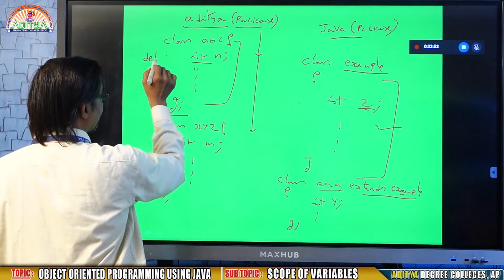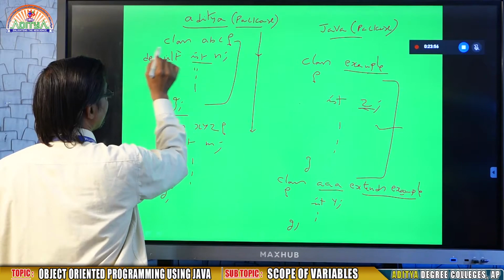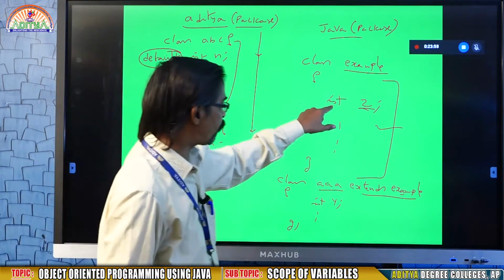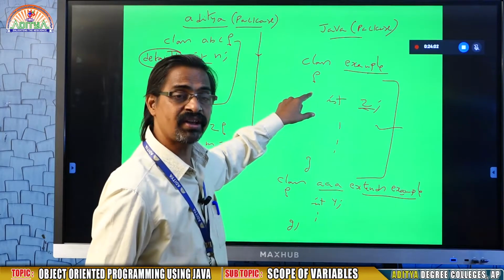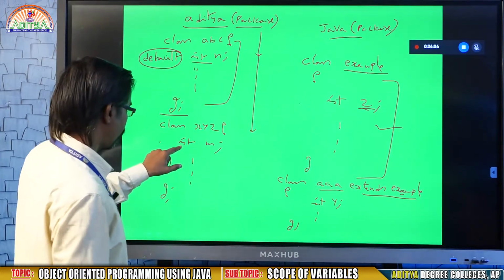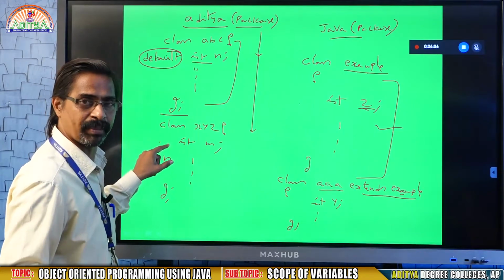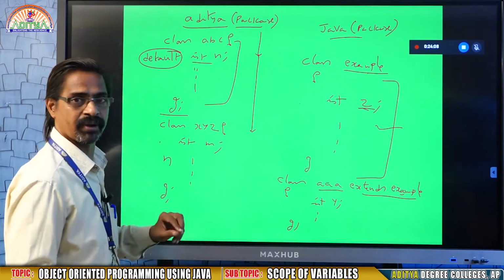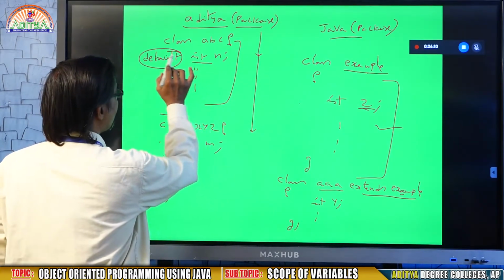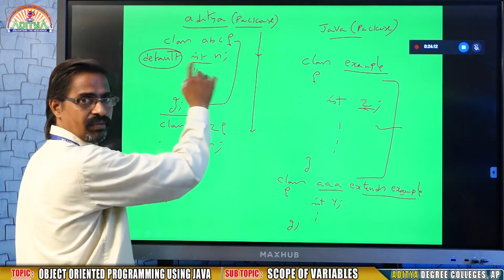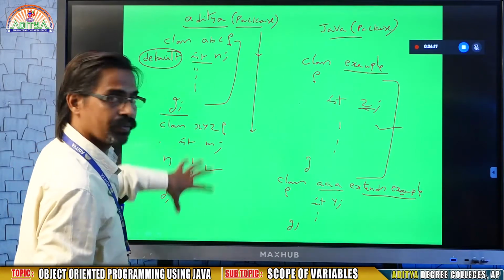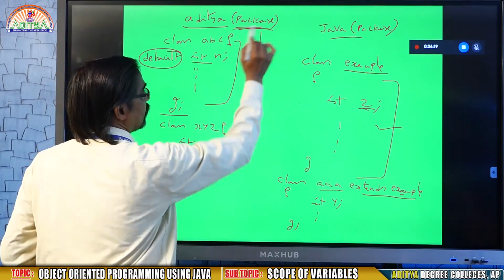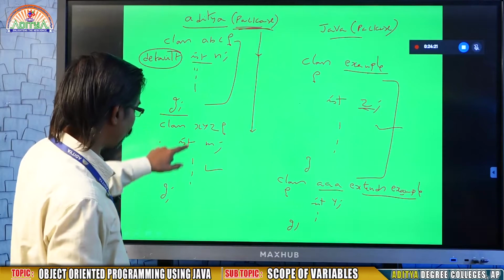Don't write default, I am just telling you this is called default. Here before int there is no access specifier, public or private, so it is default. Default means any variable without declaring an access specifier. Now N can possibly be accessed directly within the package. Any default variable is accessible within the package.